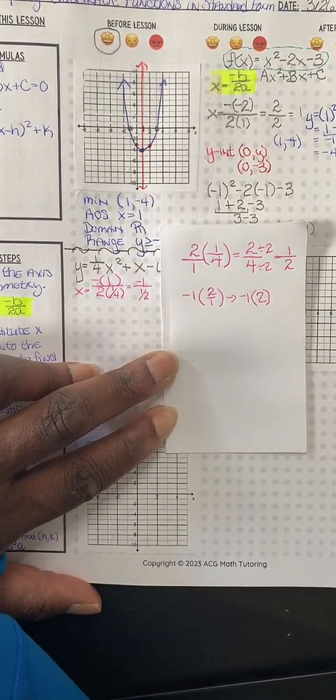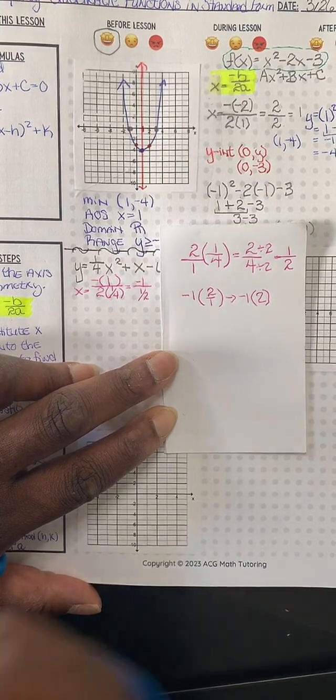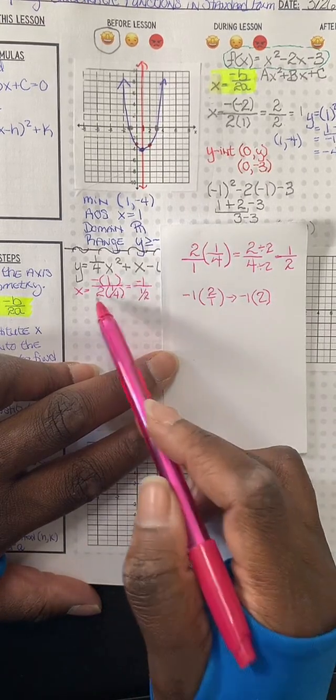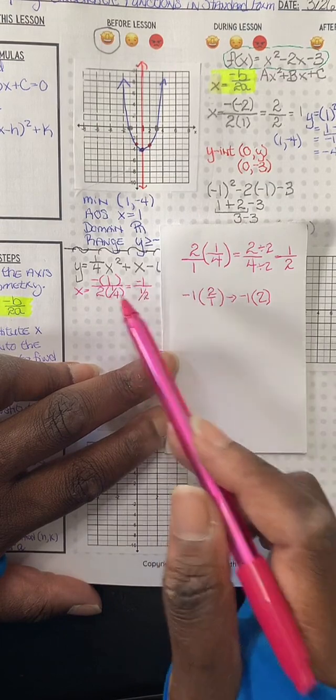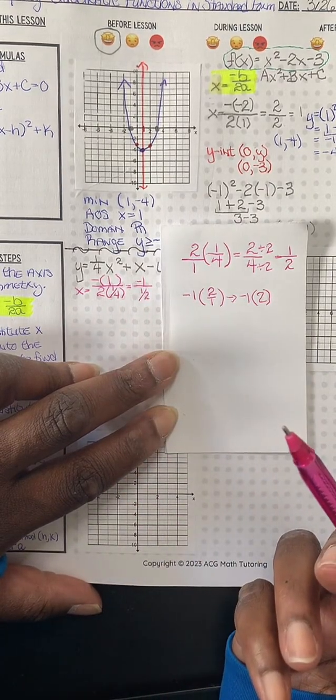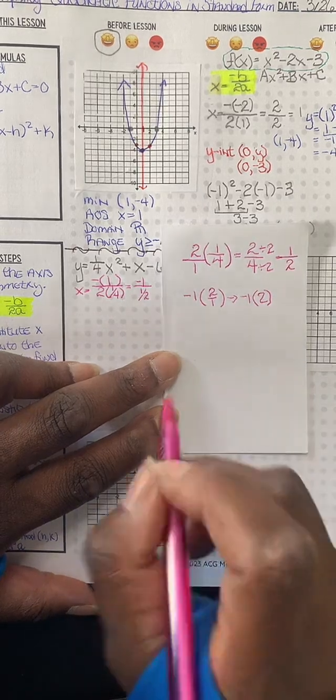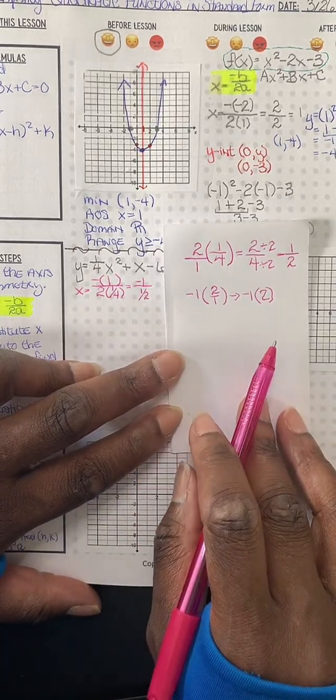There are probably some people who say, I've never had anyone explain why. Everyone is so used to a teacher who says, okay, we got -1 over 1/2, so that gives me -2. And you're just like, how the hell did you get -2? So this is why I show these steps.